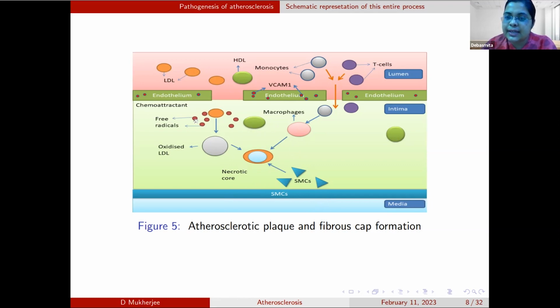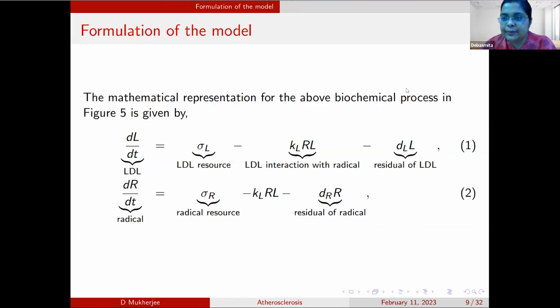This cycle continues for several years, and once the necrotic core becomes very huge, it creates huge stress on the endothelium wall, and when the wall cannot take this limit, it breaks down and goes out into the lumen area, which is foamy in nature, and that's how the smooth blood flow gets blocked. So it causes a hindrance in smooth blood flow, which may result in thrombosis or serious myocardial infarctions.